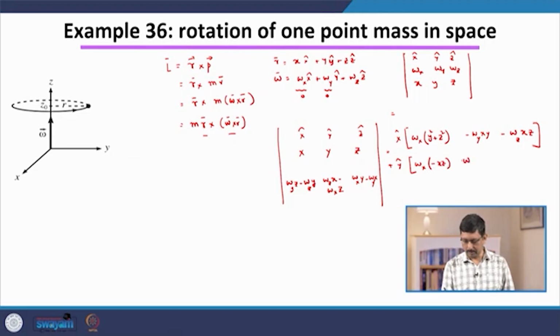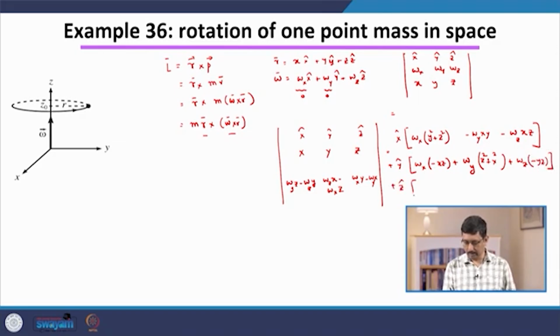Then we have omega y. So, for omega y, the first term contains z times this, so there is a z square, and the other term has this times this, which will contribute an x square, and omega z will have a term minus y z.